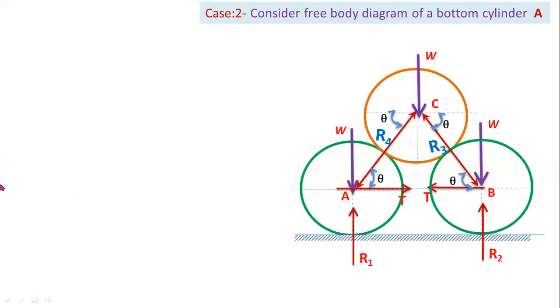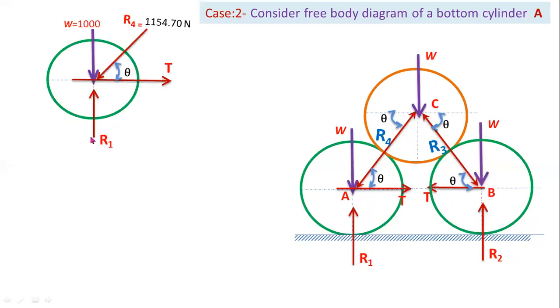T, tension T, R4 equal 1154.70, the self weight 1000, and R1. For four forces, don't consider Lami's theorem. For three forces only, you have to consider Lami's theorem. Here there are four forces, so Lami's theorem is not applicable.